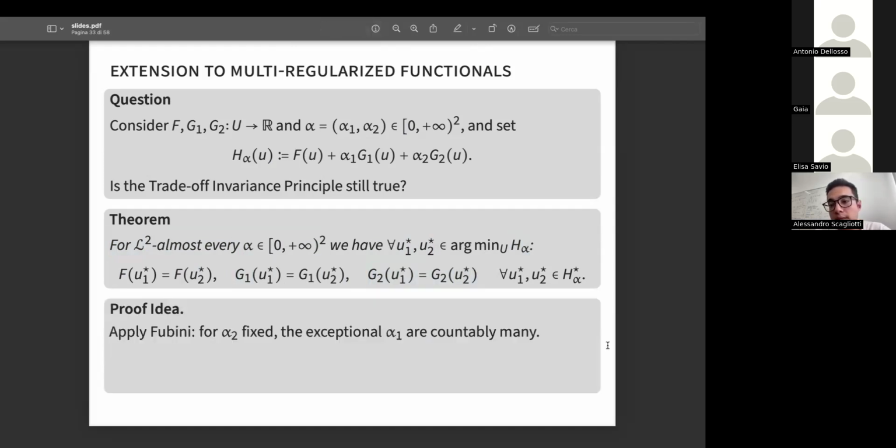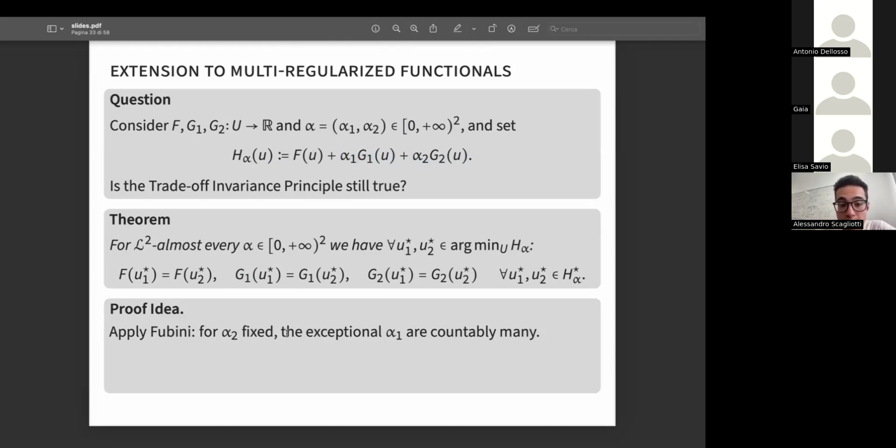Let's look at the proof. Once again, the idea of the proof is three lines long. The idea is that we should apply Fubini. If we keep alpha 2 fixed, then we can merge the term alpha 2 G2 with F, and then we are in the single regularized case in which the only regularized term is alpha 1 G1.